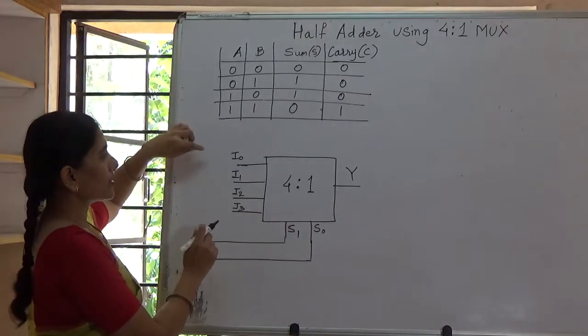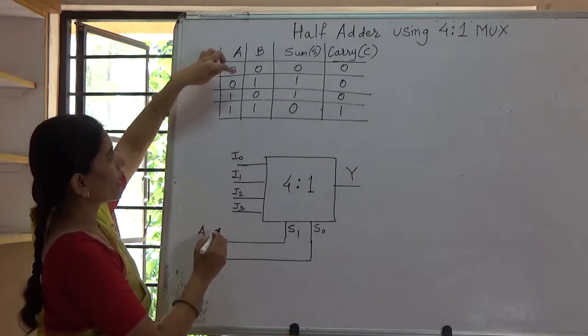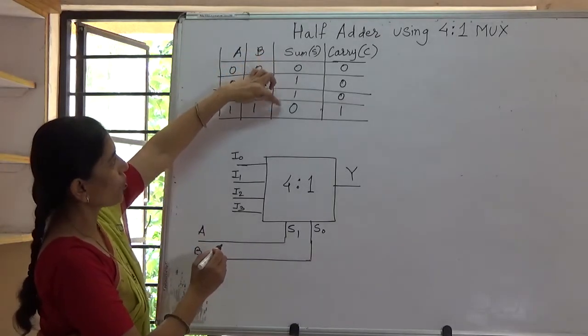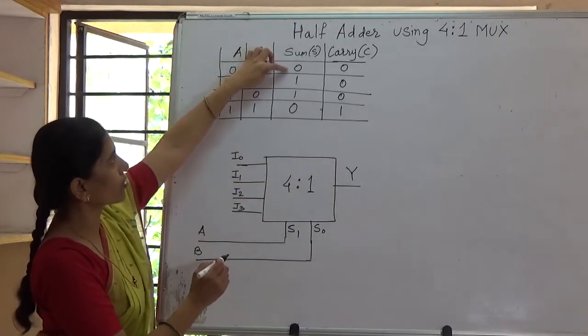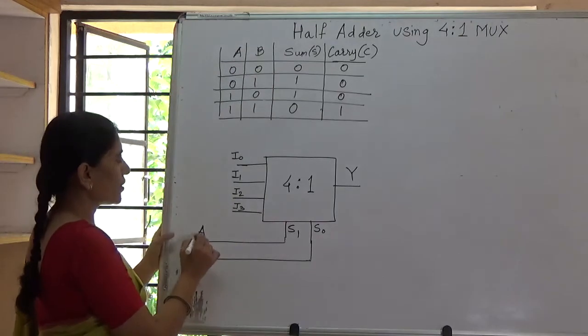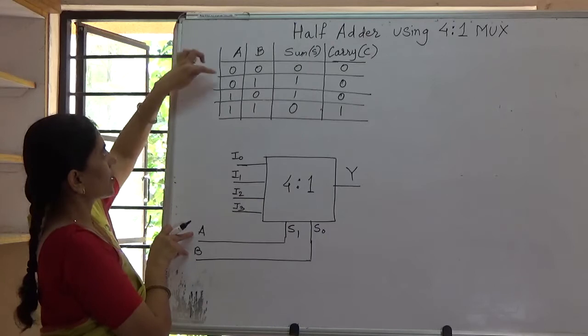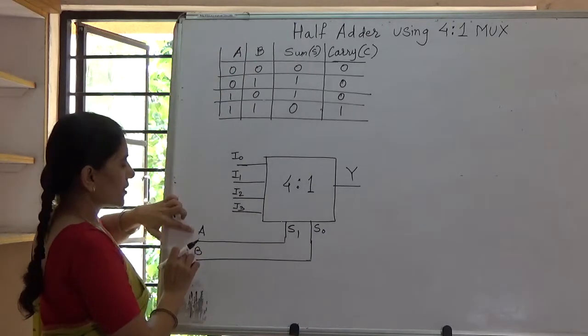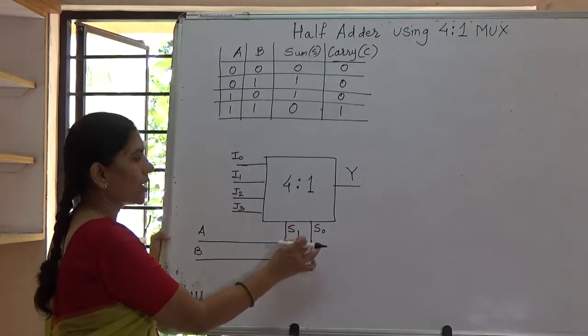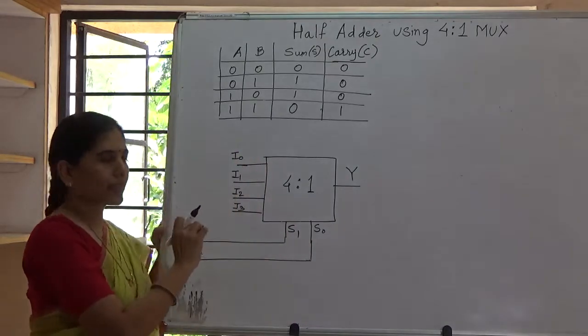The next step is to give the corresponding inputs which are required at the output line for the sum. If the 2 inputs are 0 0, that means a 0 and 0 are being added, the 0 0 will go to the select lines and the I0 line will be selected.